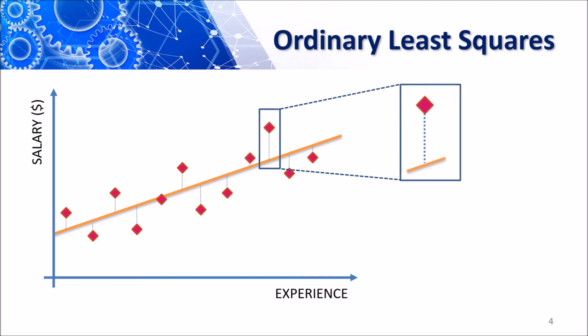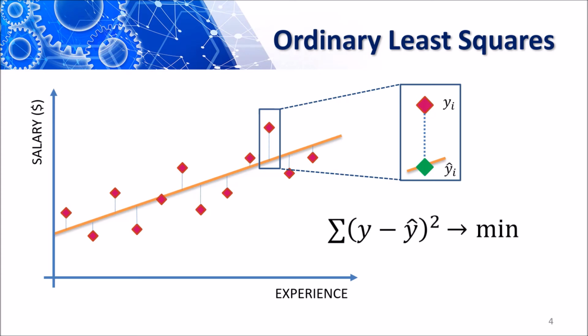So here, as you can see, the red dot is where the person is sitting in terms of salary. Let's say this person with 10 years of experience is earning $100,000. The orange line at the bottom tells us where the person should be sitting according to the model in terms of salary. And according to the model, it should be a bit lower.